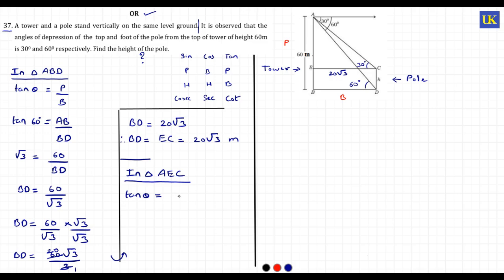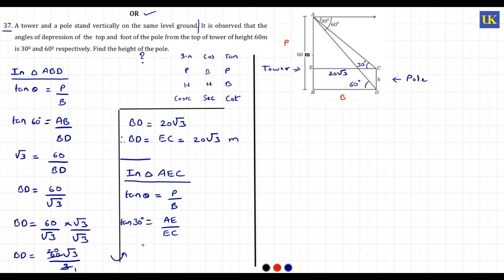The formula of tan is the same: perpendicular divided by base, and this time the angle will be 30 degree because we are taking triangle AEC. So tan 30 degree is equal to perpendicular, which will be AE, and base will be EC.